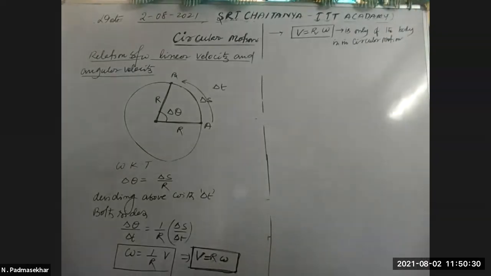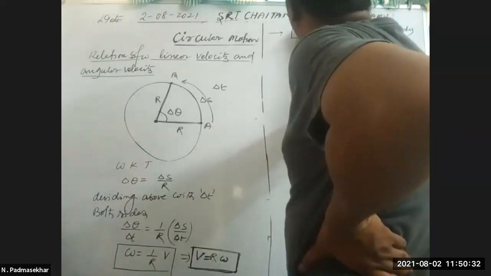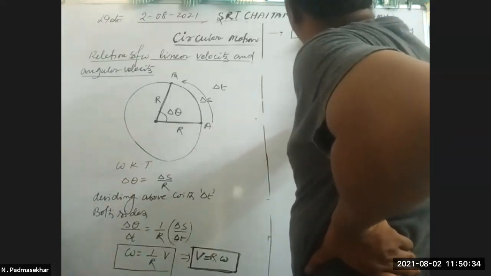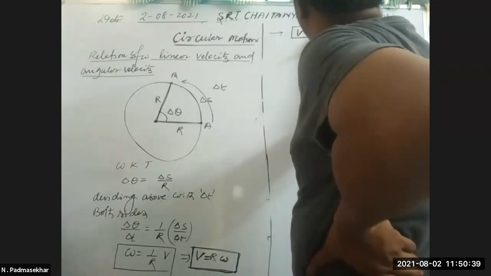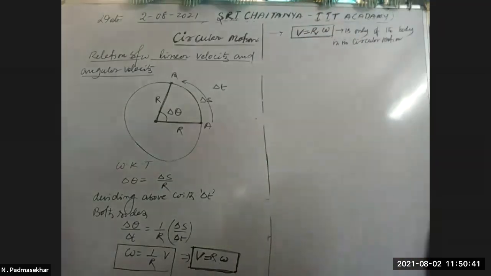If the body is in circular motion, V is equal to R omega.